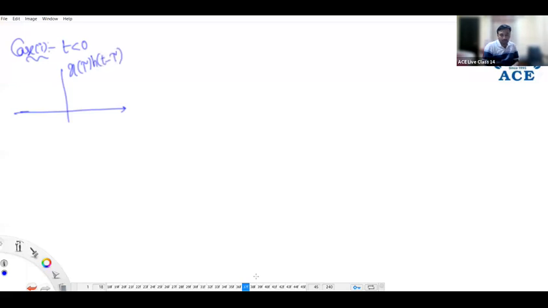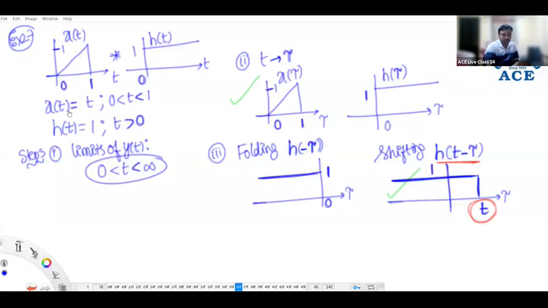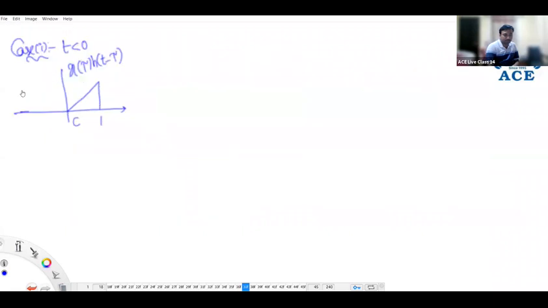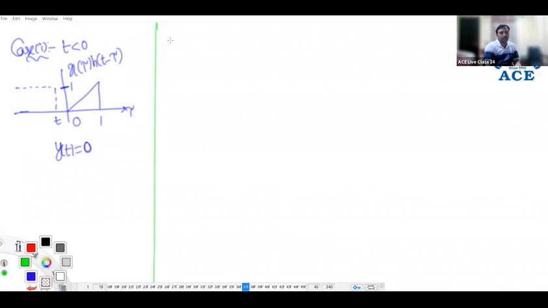X of tau remains the same. The shifted signal covers from minus infinity to t. No overlap. Output is 0. First case is only for fun. We already know it.